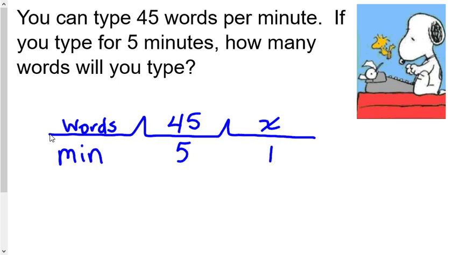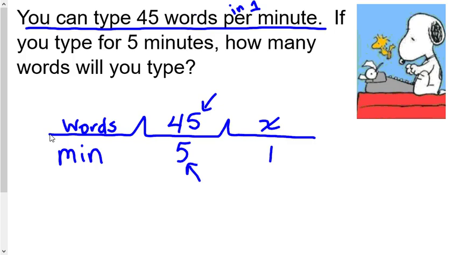And 9 words in 5 minutes doesn't really make sense. But second of all, if you go back and look at the problem, this doesn't work because the first sentence tells us what we know. You can type 45 words per minute. That means 45 words in 1 minute. Well, look at what you wrote. You said you could do 45 words in 5 minutes, but that is not what the problem says.